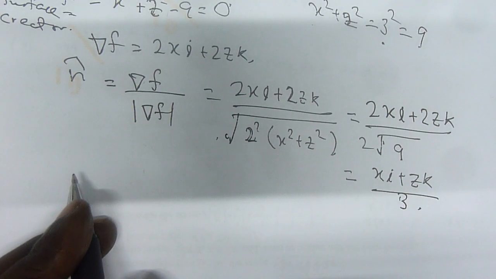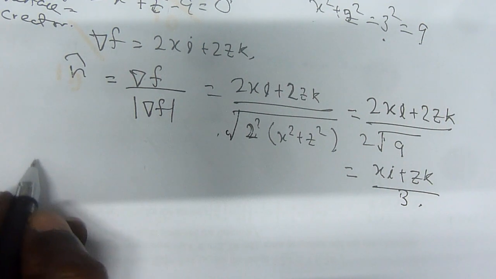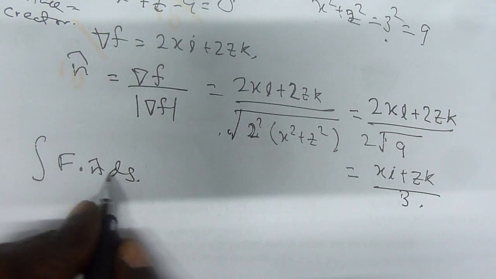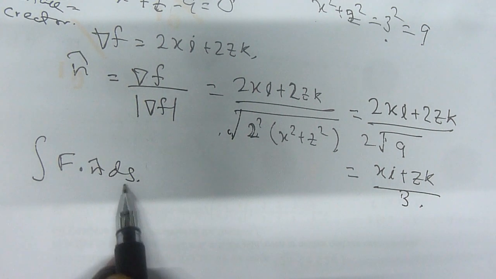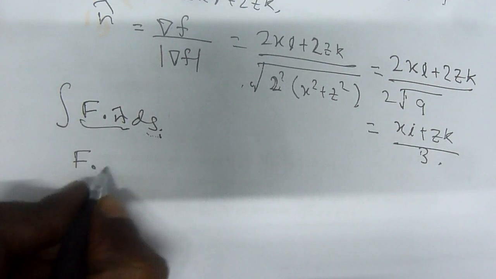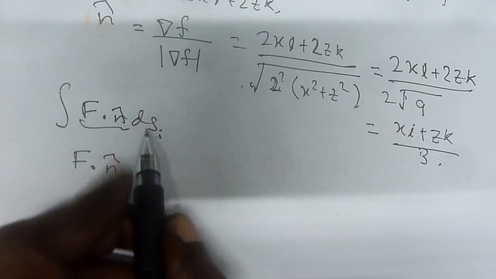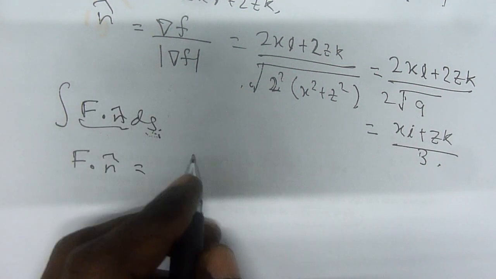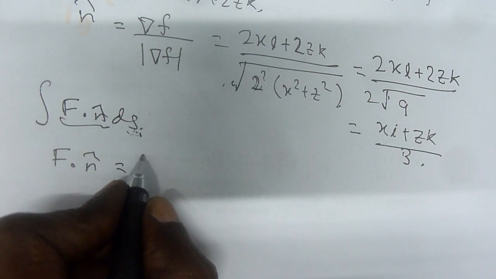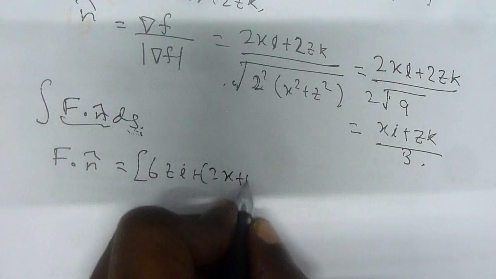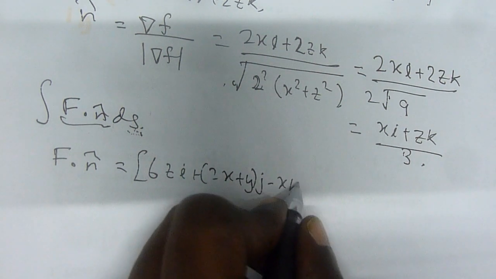Now our task is to go one by one. We need to work with this n. We just found n, now we need to calculate F dot n. Follow my instruction properly. Always don't go for dS yet. Solve this portion first, then later we can go inside. Here, zi makes this complex.